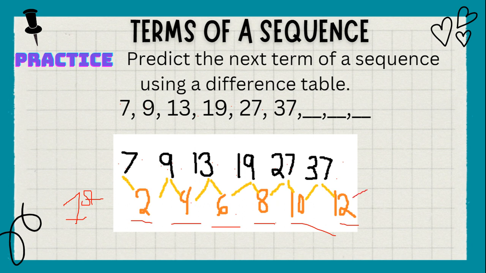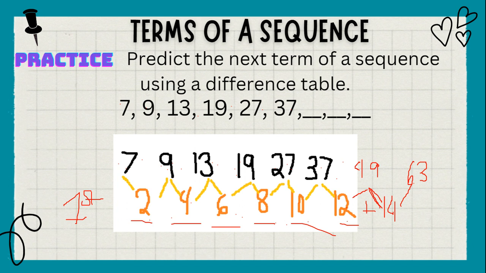So now let's look here, 37 plus 12, so we have 49. So kabalo naman tag 2, 4, 6, 8, 10, 12. So therefore ang next niya is 14. So pababa, therefore add or plus 49 plus 14, that is 63.